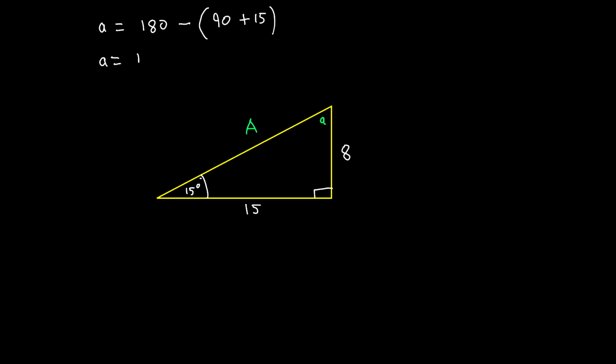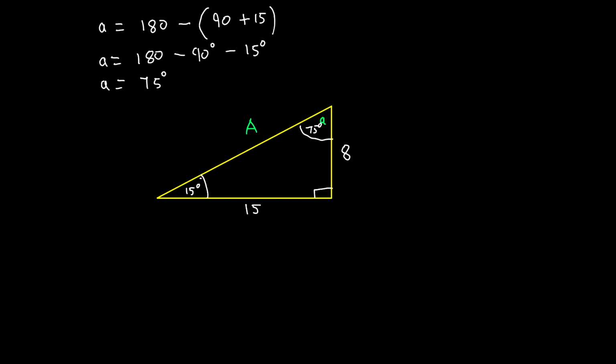That means A is equal to 180 minus 90 degrees minus 15 degrees. That means that A is equal to 75 degrees. So we have our small angle A, which has a value of 75 degrees.